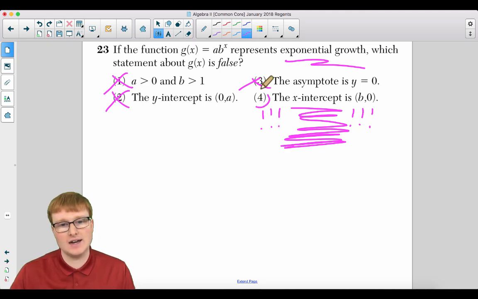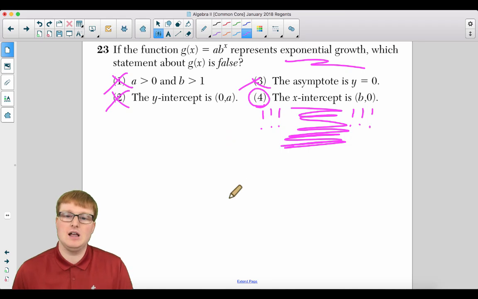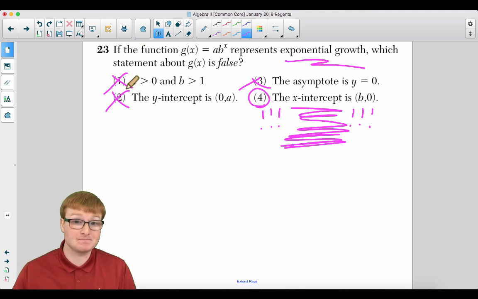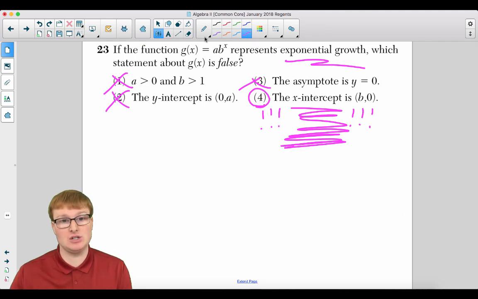That is false information right there. The x-intercept is not (b, 0). The only way that an exponential growth function could possibly have an x-intercept is if it is translated down by so many units. That would be true then, but this is false information for this statement. So your answer is choice 4.